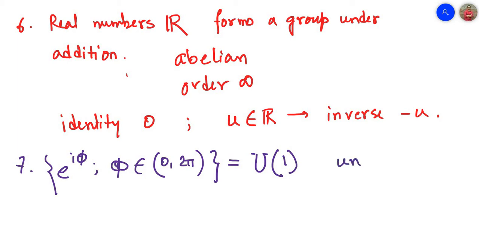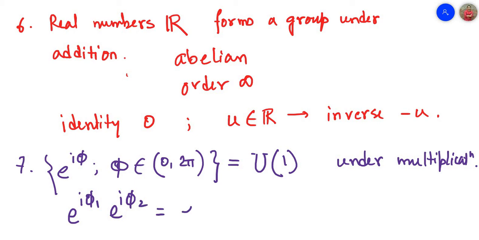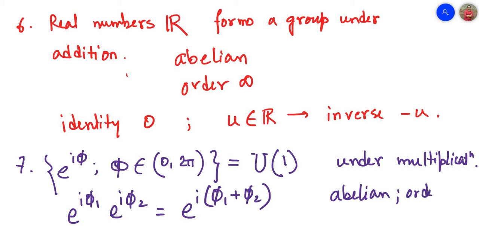They form a group under the operation of multiplication. So we have e to the i phi 1 times e to the i phi 2 equal to e to the power i times phi 1 plus phi 2. This is also an abelian group and of order infinity, and the identity is simply 1.